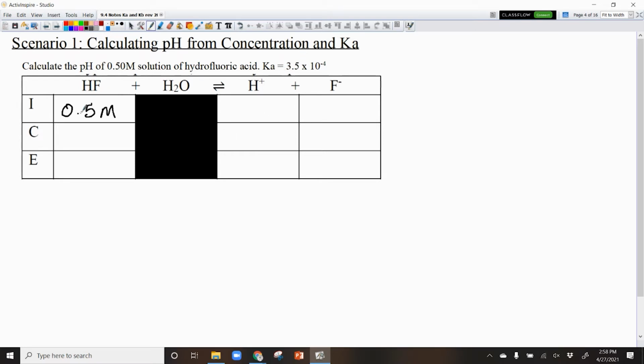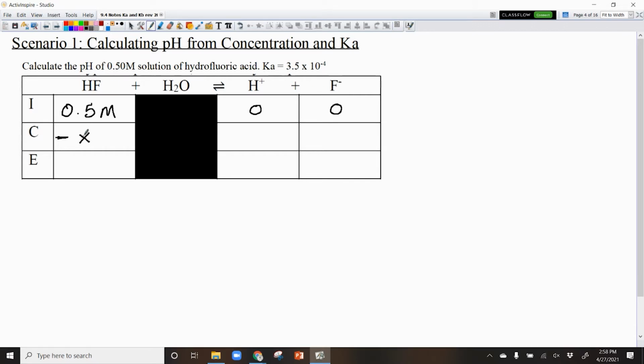So remember, initially we have this, and 0 of this, and 0 of this. Now, when this dissociates, this is going to go away. So we're going to have minus, and we don't know how much, so let's just call it X. And then we're going to gain this, and we're going to gain this, but again, we don't know how much, but we do know the ratio. It's 1 to 1 to 1.